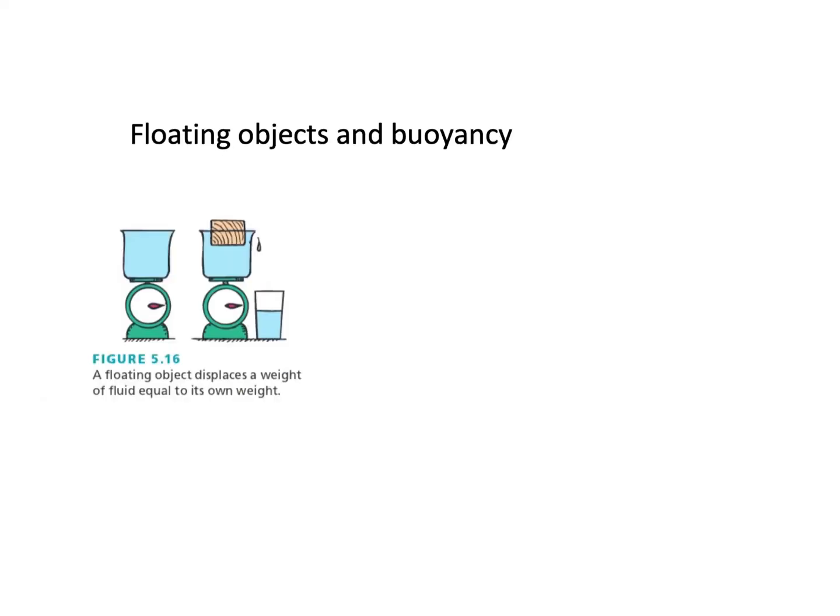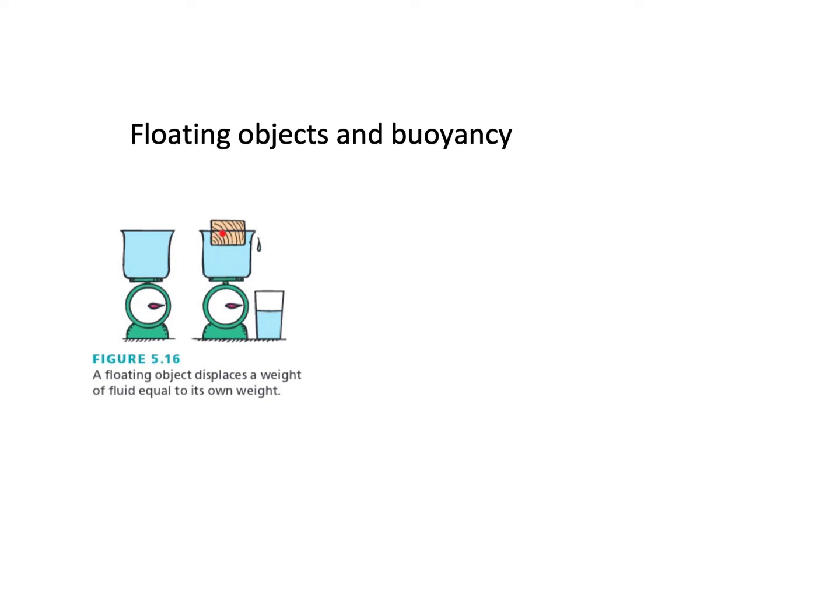So here in the last slide, in this part of the lecture, we have this scale to measure the mass, and we've got a beaker filled to the brim with water, and we put a block of wood. Now, wood is less dense than water, so it's going to float.